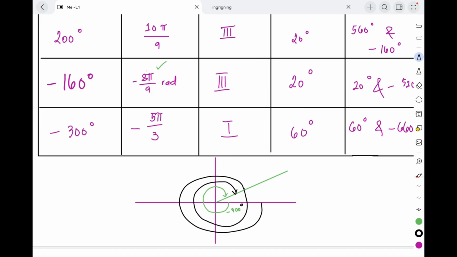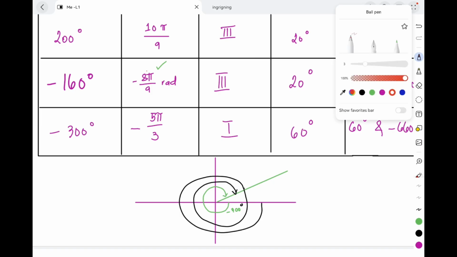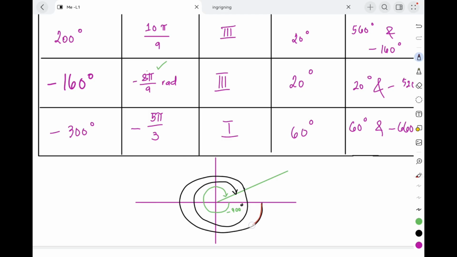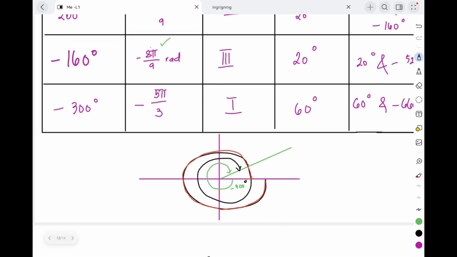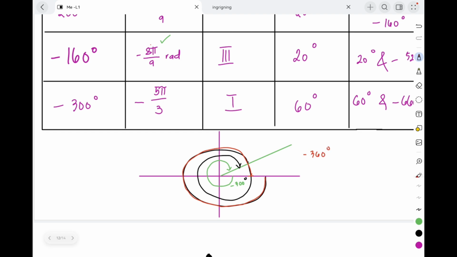So let's try to calculate the illustration. So from here, first rotation, this is negative 360 degrees. Dayon, kani siya nga rotation, this is negative 180 degrees. Then, kani siya nga rotation, kaning remaining rotation, we don't know kung pila ni siya, but we know nga kani siya nga rotation is 300.